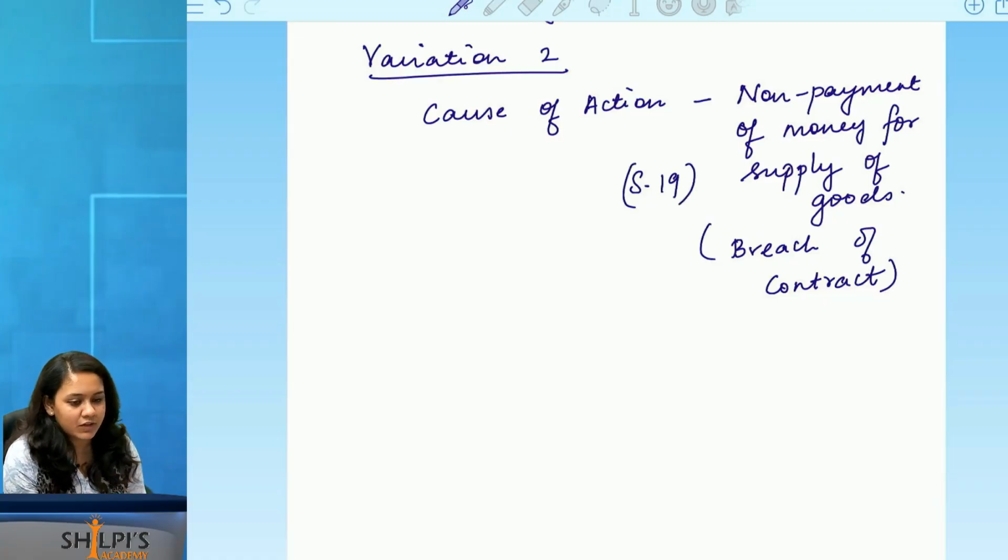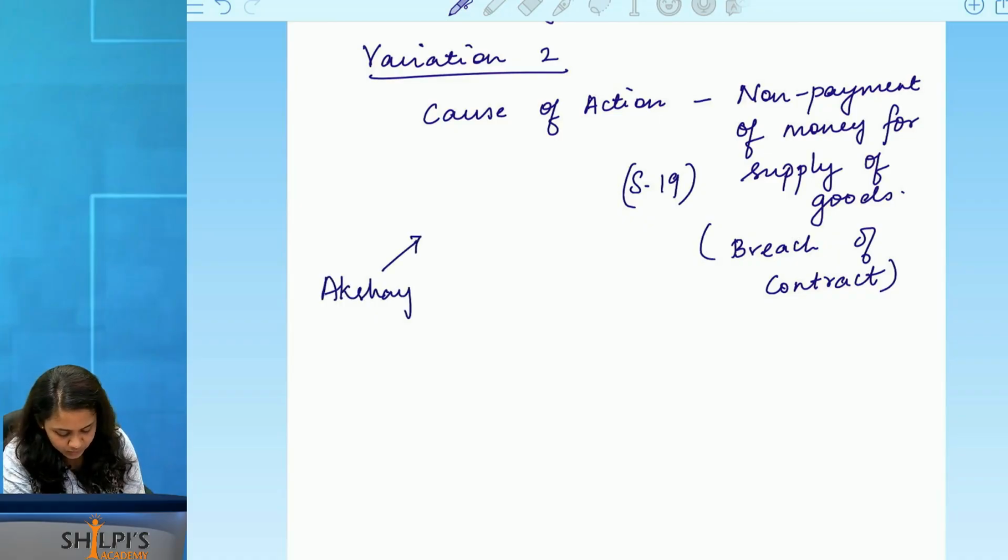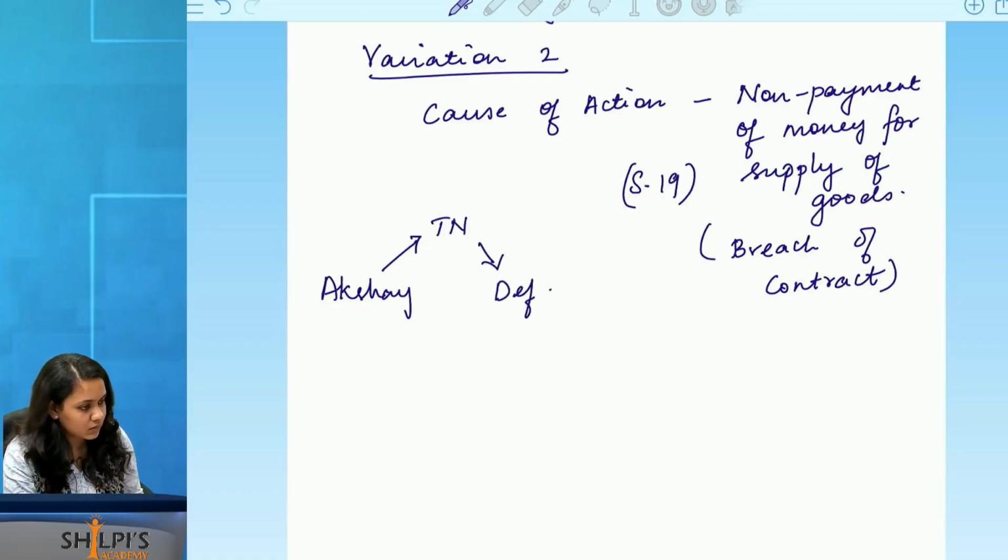But our plaintiff here decides to go and file a suit in two different courts of law. So let's call our plaintiff Akshay, approaches the court in Tamil Nadu against the defendant.